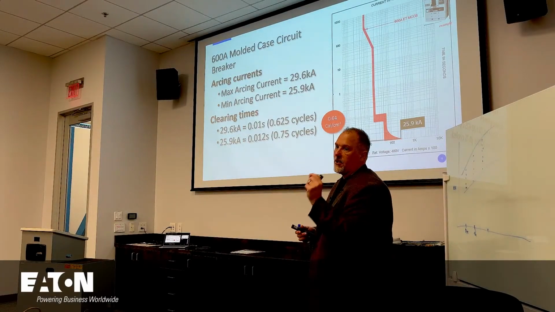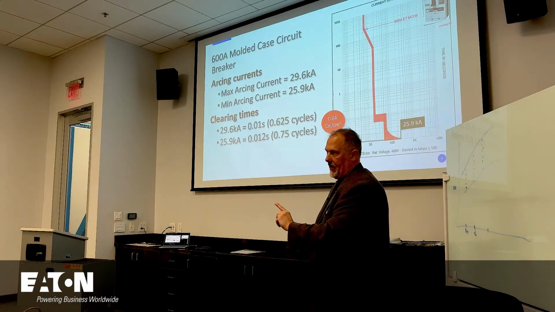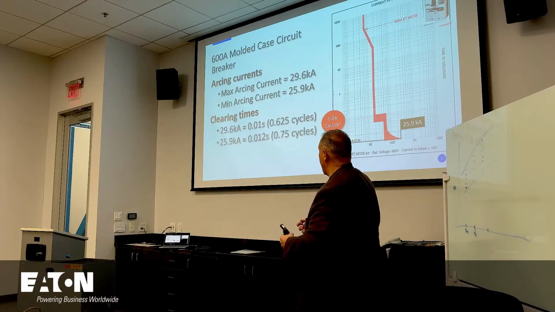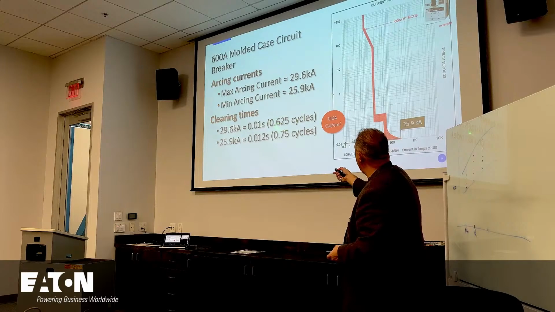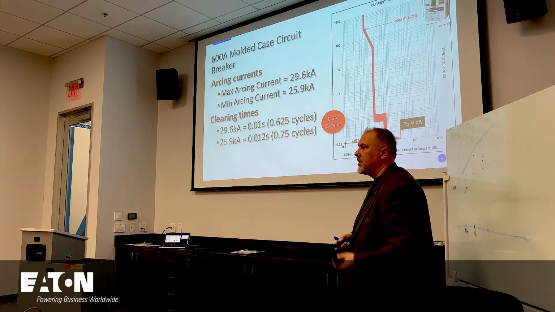Your lower arcing current is going to be your worst case. But the code is vague on that. Very vague on that. It doesn't say. So in this case here, for this molded case circuit breaker, 600 amps, I have 0.01 seconds, 0.012, 0.64 calories as my worst case.